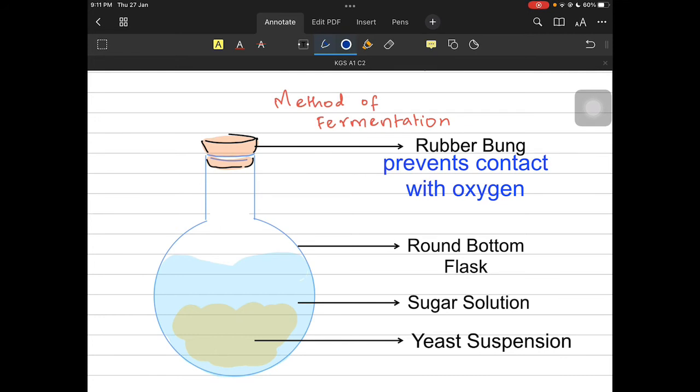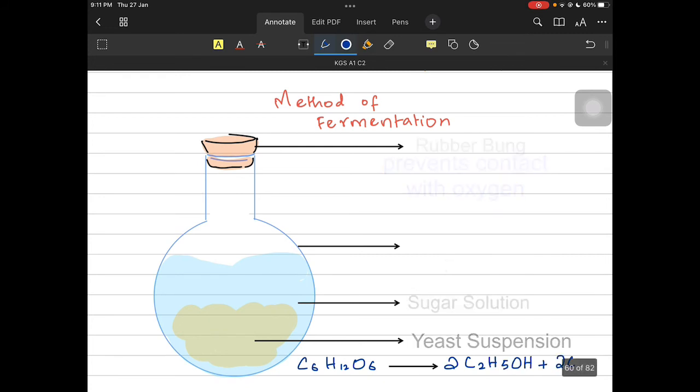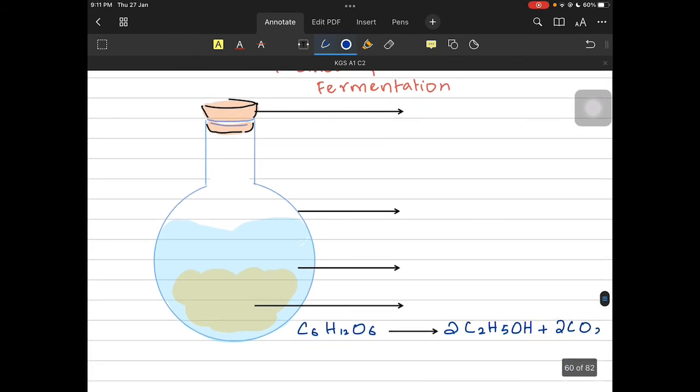What happens is that the glucose molecule, C6H12O6, in the presence of yeast and in the absence of oxygen, I repeat, in the absence of oxygen, gives us 2 molecules of ethanol and 2 carbon dioxide molecules. So we get 2 carbon dioxide after the fermentation of each glucose molecule.